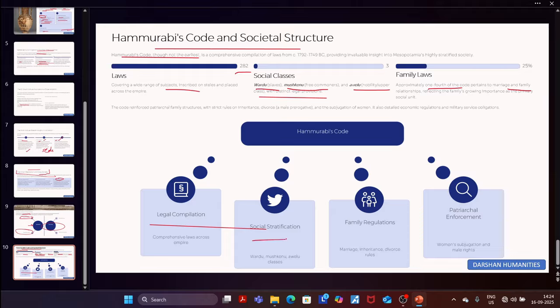We are seeing social stratification, Wardu, Mushkenu, Awilu classes. Family regulations are there, marriages, inheritance, divorce rules, all in favor of males, mostly to keep the private property in their family. Patriarchal enforcement, women's subjugation and male rights are the same thing with the same family regulations. We are going to see these kinds of rules in other cultures as well, because with urbanization came the subordination of women.